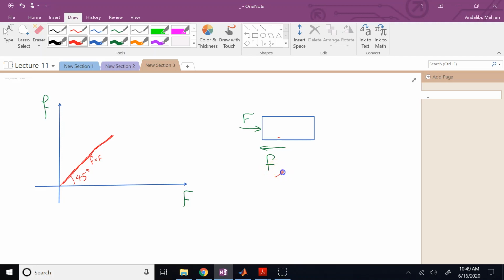F is a reactive force. It's never going to pass you, okay? F is always less than or equal to F. It's never going to exceed. But it cannot keep up forever. At some point, it gives up. What is that point? That's where friction is equal to what? Mu s times n. This is the maximum static friction that you can have, Fs max.